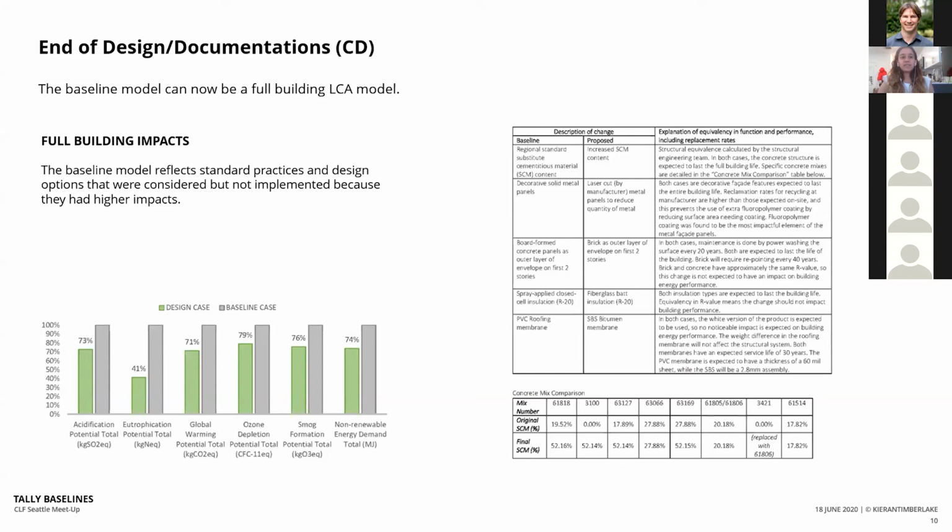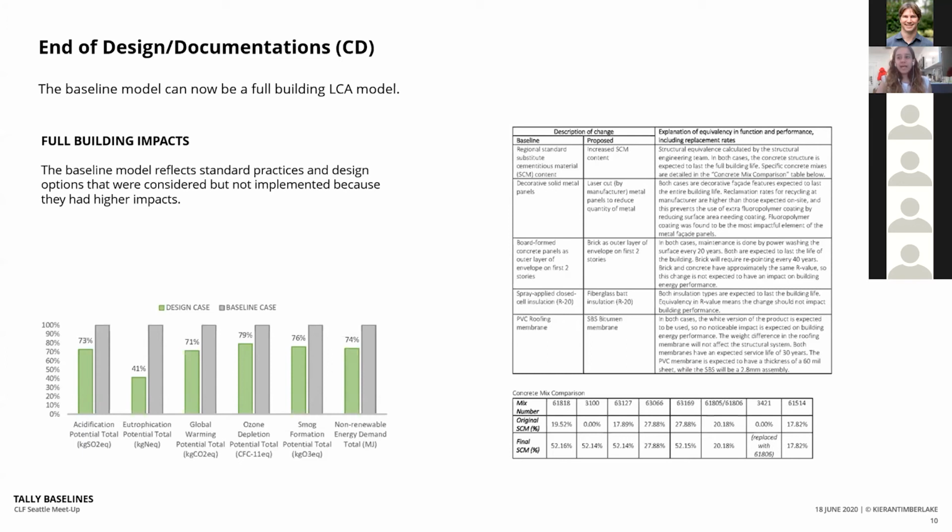And in some cases, of course, the changes are more complicated than just swapping out materials. In that case, we might have to do a little bit of additional modeling in Revit, but some of Tally's features like the dummy materials feature and the accessory materials feature come in pretty handy, where you're able to ignore a certain Revit family or a certain material that's not relevant to the baseline model, but it's relevant to the proposed.